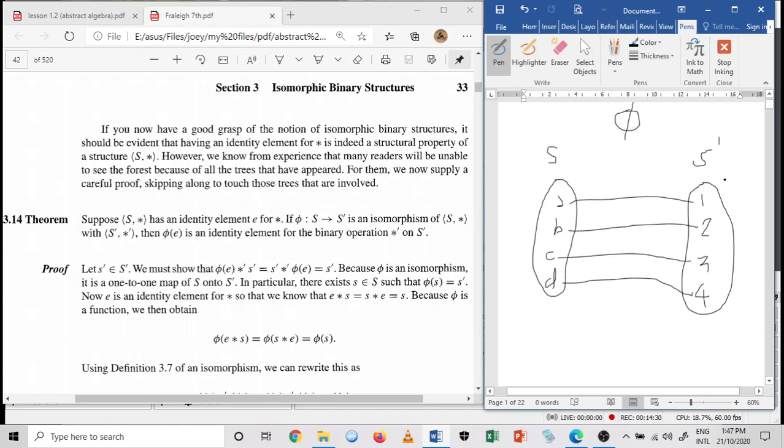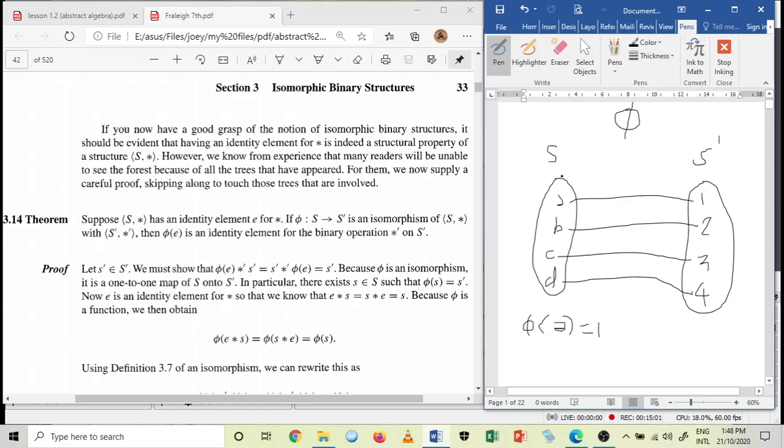Okay? Now we see that 1 actually is phi of A. Phi of A by our illustration is just equal to 1. Phi of B is 2, phi of C is 3, phi of D is 4. Okay, so there is a one-to-one onto function mapping S to S prime.